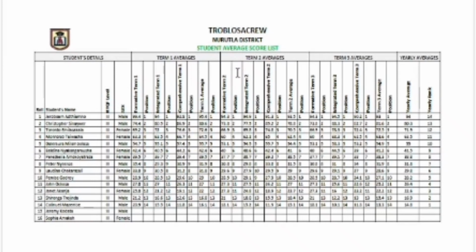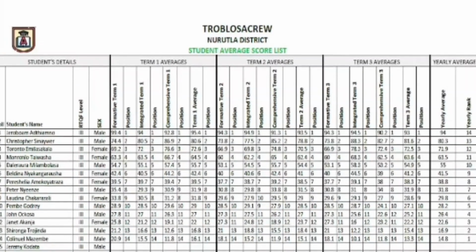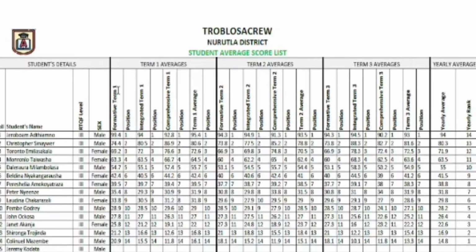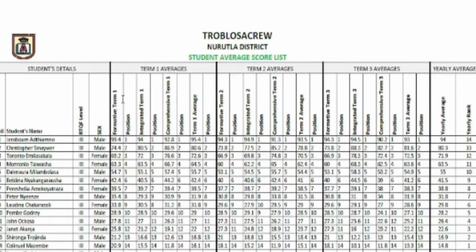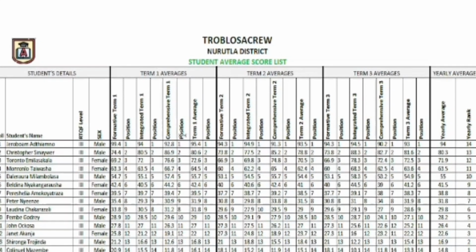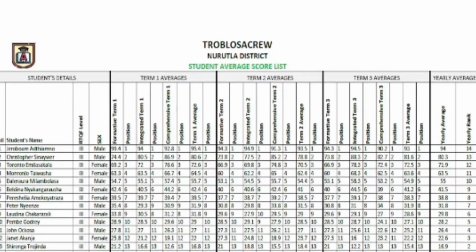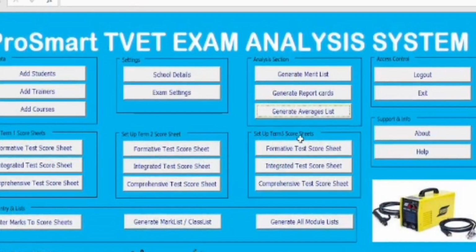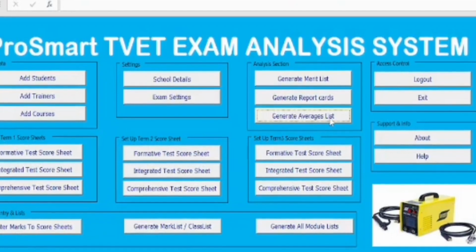Okay, so this one is the averages. For example, you can have a look at it. Like this is for term 1, this is term 2, term 3, and then yearly. You can see it's giving averages of all the exams that you've done. Okay, very nice. So you can print if you like, or you can save it as PDF the way I've saved. Okay, so that's how you generate average list.